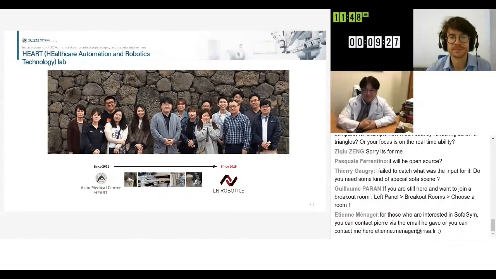Our team has a nickname, Heart Lab, which is healthcare automation and robotics technology lab, and we are a very small team in our hospital. Our main focus is to develop many types of medical robots, mostly for surgery and intervention applications.